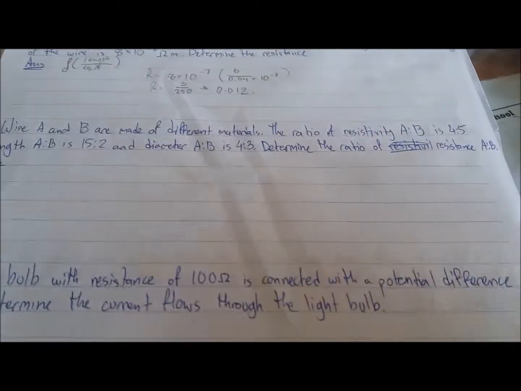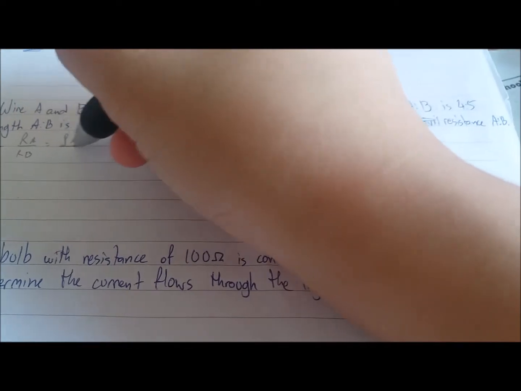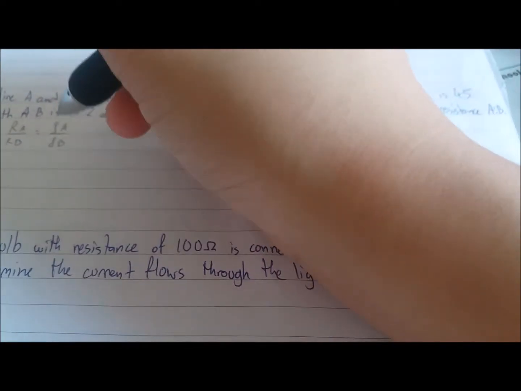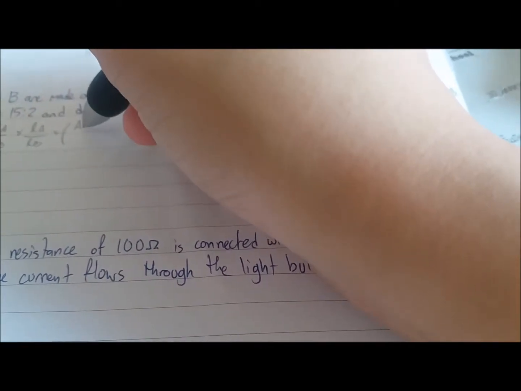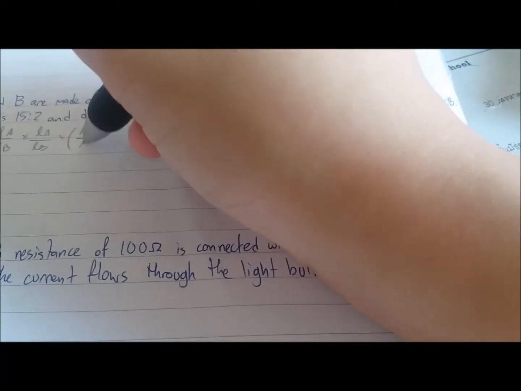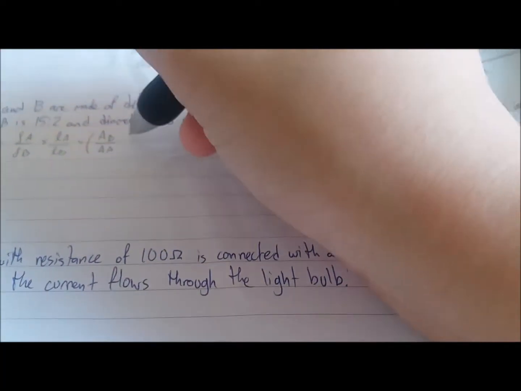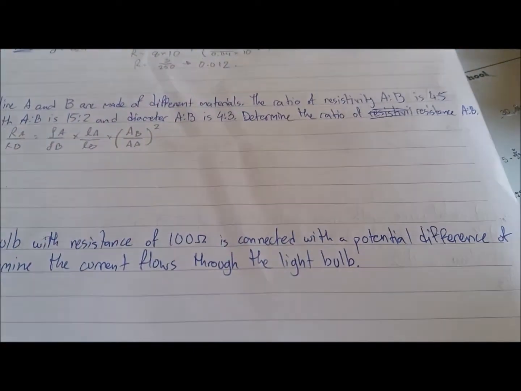Basically, the resistance of A divided by the resistance of B is resistivity of A divided by resistivity of B, multiplied by length of A divided by length of B, then multiplied again by the cross-sectional area of B over the cross-sectional area of A, squared.